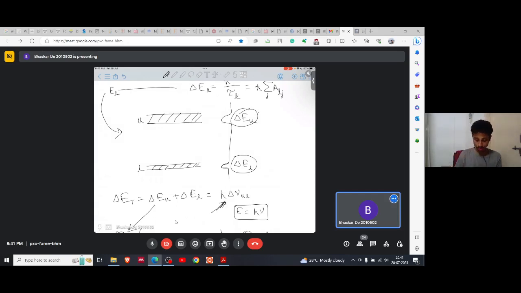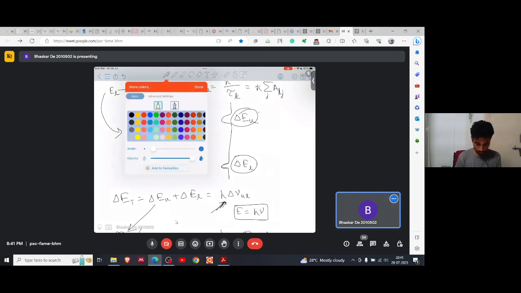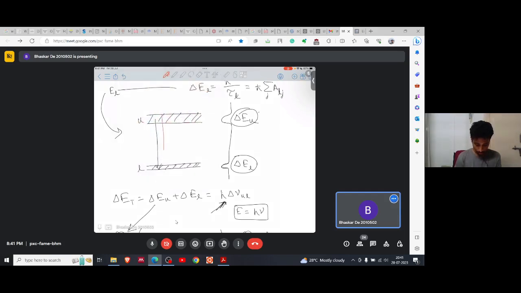But we have to remember that the transition always occurs between two levels. So it might occur here, it might occur like this, might occur from somewhere in the middle to here, it can occur anywhere.